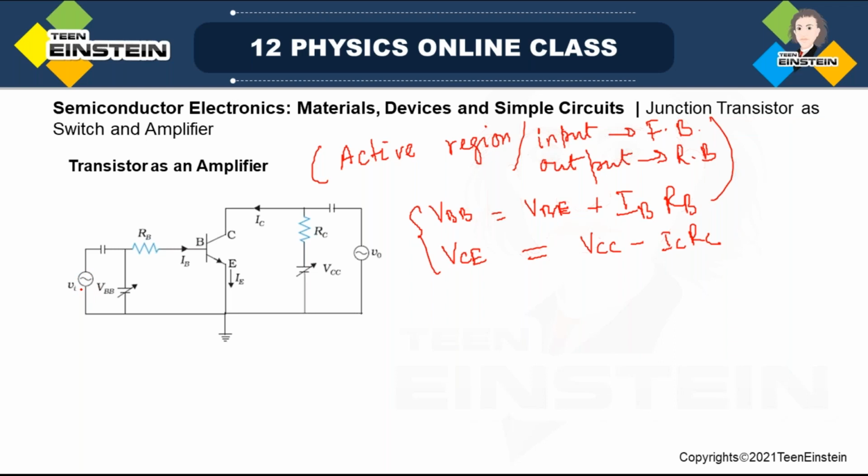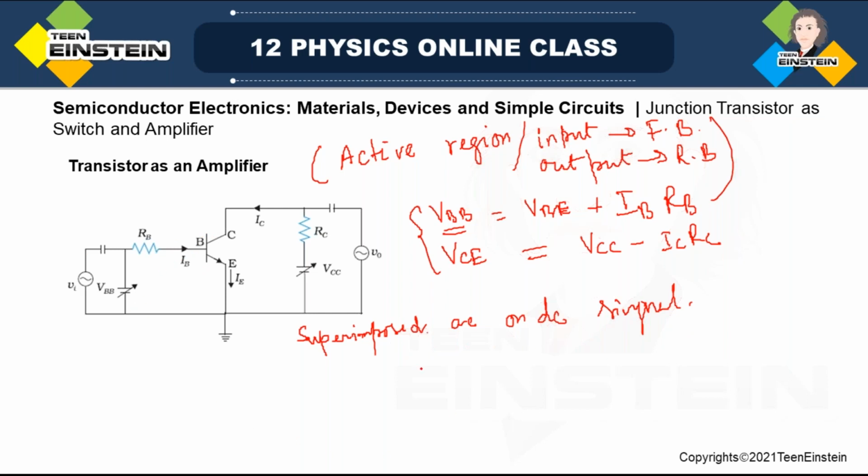What I'm saying is, you have to superimpose an AC on the DC signal. Here the VBB battery is providing the DC signal. But if we want to use this as an amplifier, we have to superimpose AC with DC and then feed it to the base region of this input circuit.